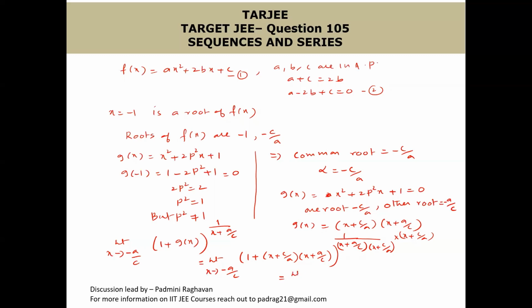So we get the limit as x tends to −a/c of e to the power of (x + c/a). Now let us replace x = −a/c. So this becomes e to the power of (−a/c + c/a), which is nothing but e to the power of (c² − a²)/ac.